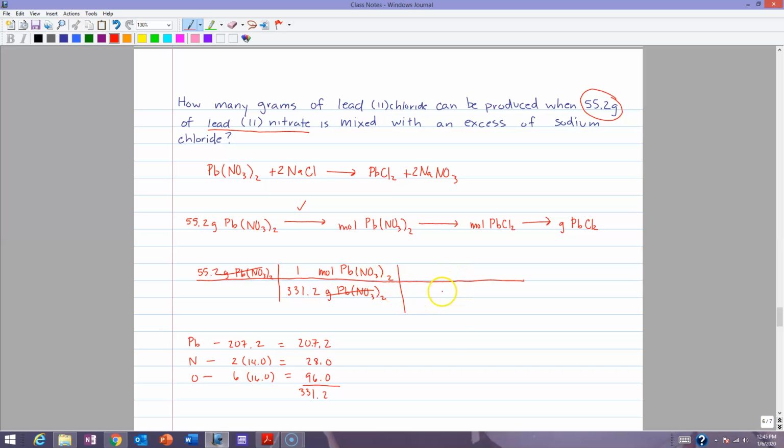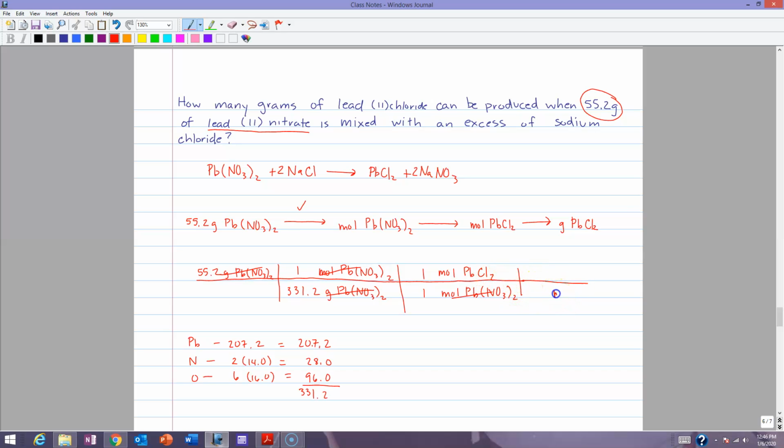So I'm going to carry down the moles of lead 2 nitrate, and I'm going to carry up the moles of lead 2 chloride. I'm going to look at my balanced equation. Neither one has a number, so that means the coefficient for both of them is 1, and the moles of lead 2 nitrate cancel out.